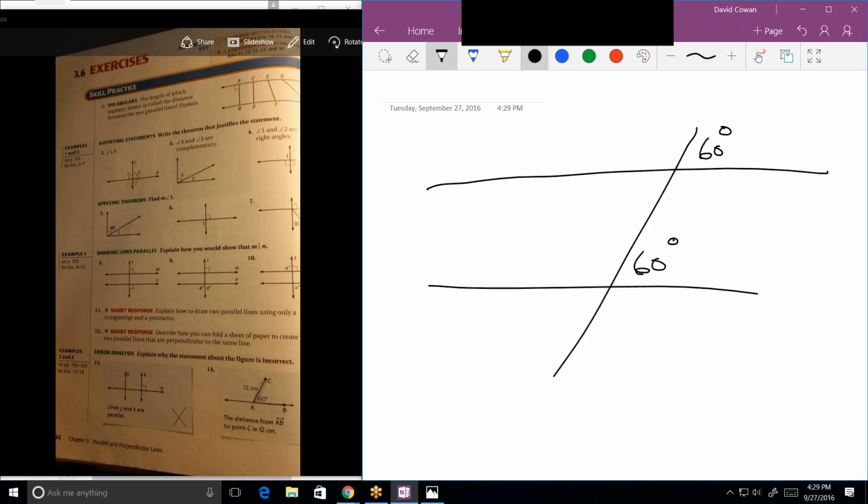Now you know that these are corresponding angles and they're equal. Therefore, that line has to be parallel to that line. So all you really have to do is draw 2 identical angles. Okay, let me write this down.